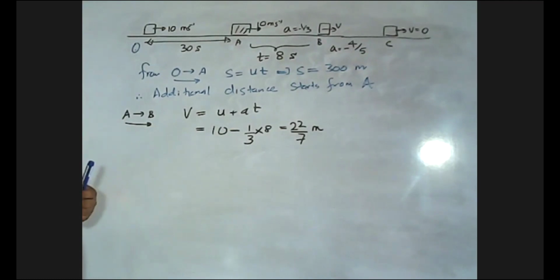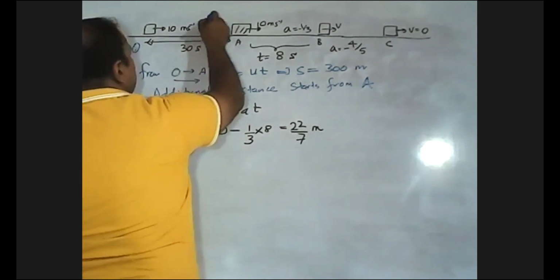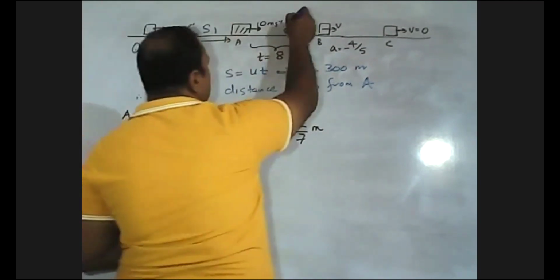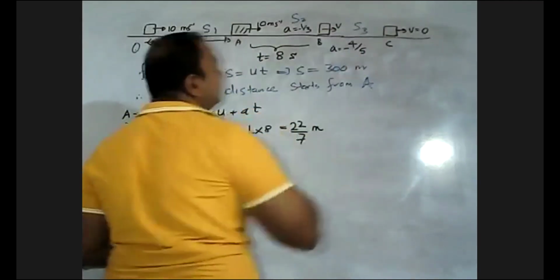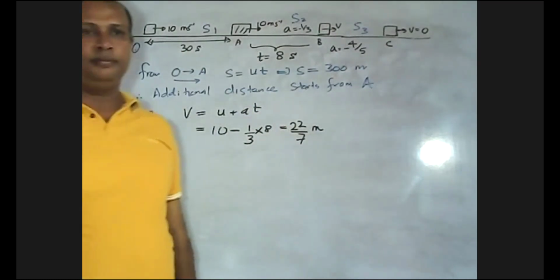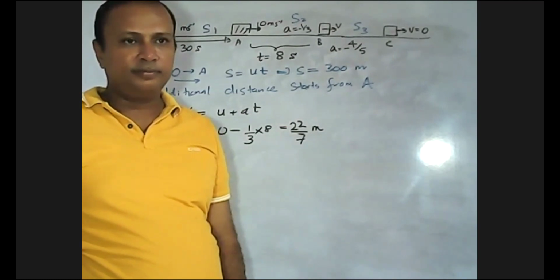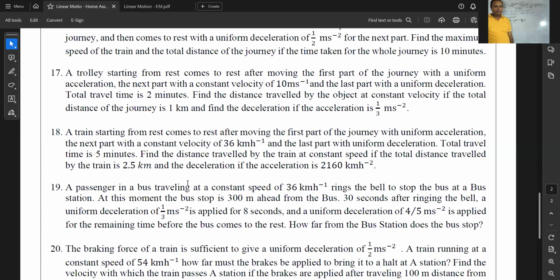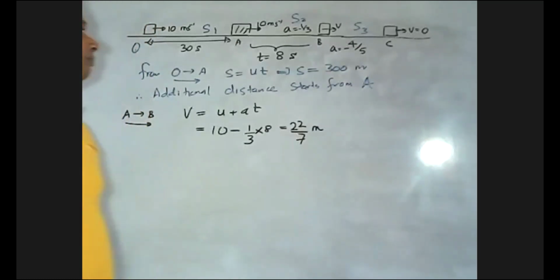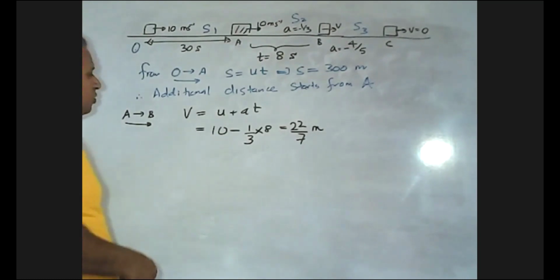Then, if you consider this one is S1, this one is S2, S3. What should you get? The distance. You can find S2 directly, no?